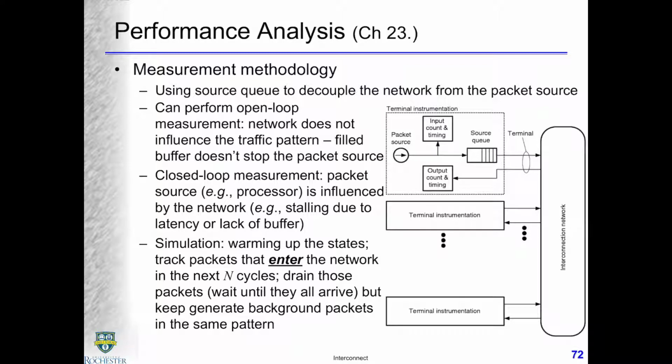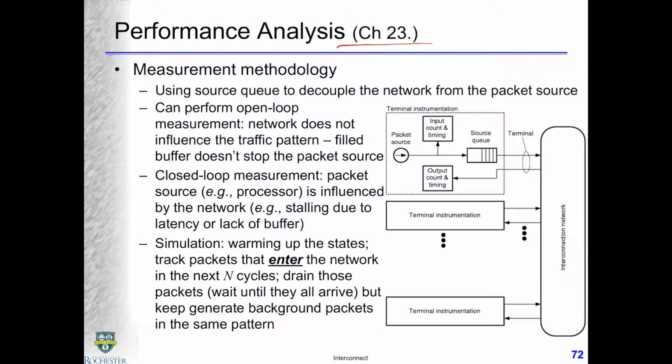There are all kinds of pitfalls if you do a simulation-based analysis, and it's all described in detail in chapter 23. Wonderful, but a lot of basically checklists wouldn't be something I recommend you memorize now, but more when you're doing the design, take a peek. There's some very commonly made mistakes. For instance, you're simulating this thing and you forgot to warm up, meaning you start from cycle zero, and you start to send packets, and you want to measure the latency and such.